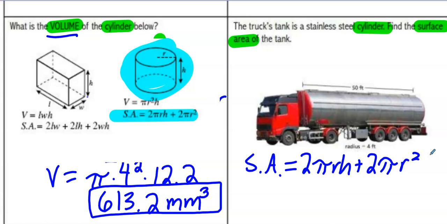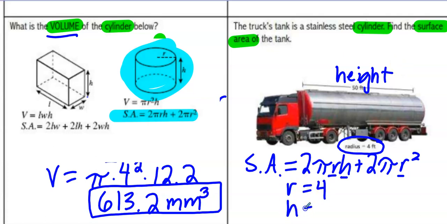And what we need to solve this is our R value and our H value. So we're going to look at our picture, and it gives us the value for R. It tells us that the radius is 4 feet. And then the 50 is going to be our height. It's the distance between the two circular bases. So this time, I know that R is equal to 4, and I know that H is equal to 50.